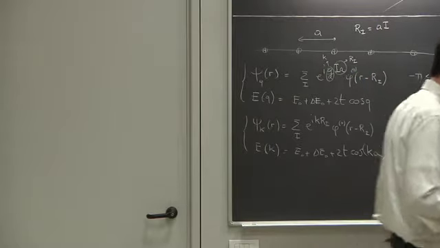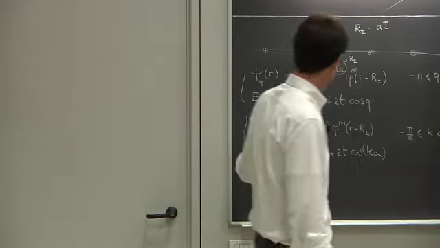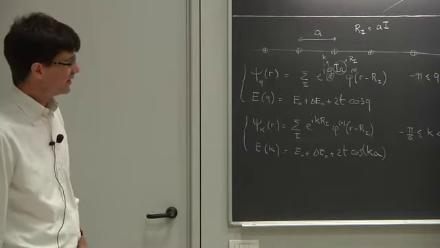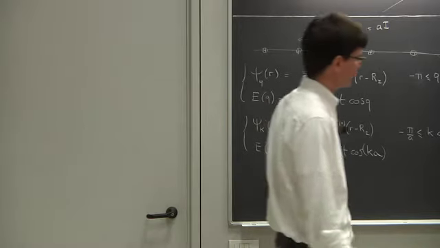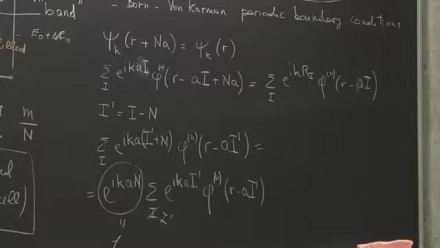All right. Let me make the final statement about this wave function. Actually, it's very similar to this consideration here. And don't ask me to repeat it, I'll do it very quickly.